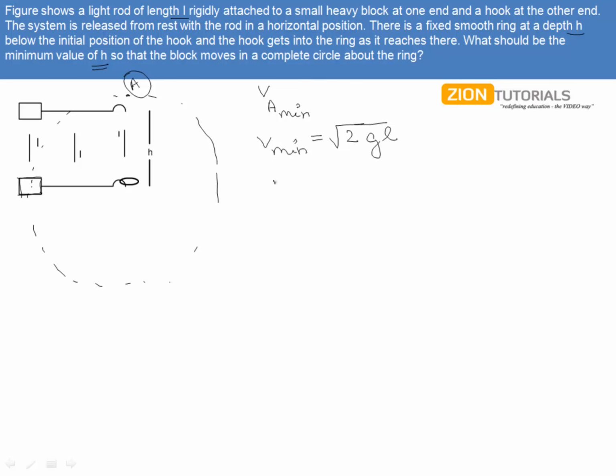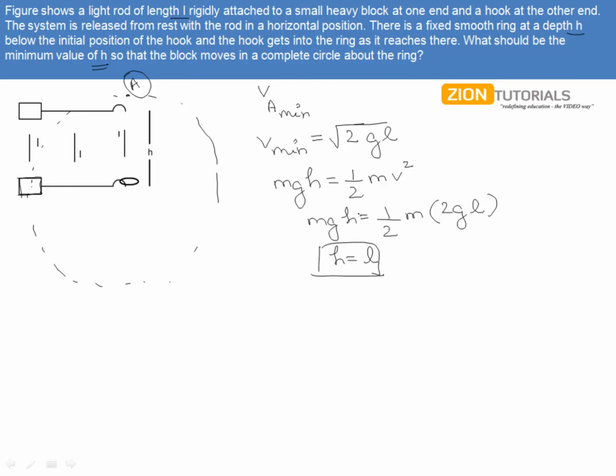So let us equate both of these energies by energy conservation, that is mgh equal to half mv squared at that point. Now v should be the minimum, that is this one. Putting the value of v from this, we get mgh equal to half m into 2GL, and from this we get h equal to L.